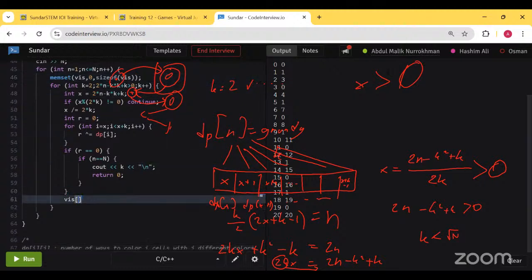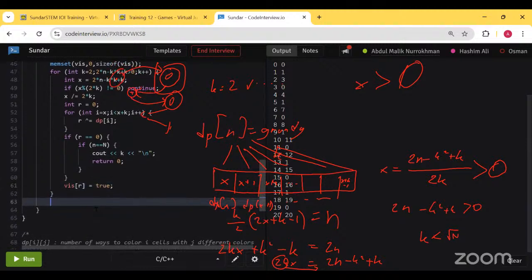This is not optimized yet, but we will optimize it later. After that, just find the first value that is not visited. Yes, that's correct.